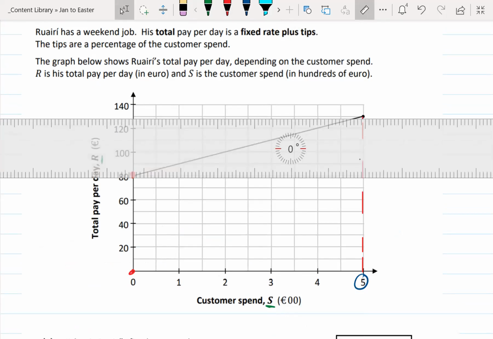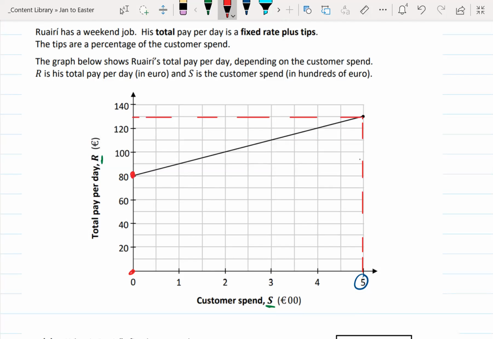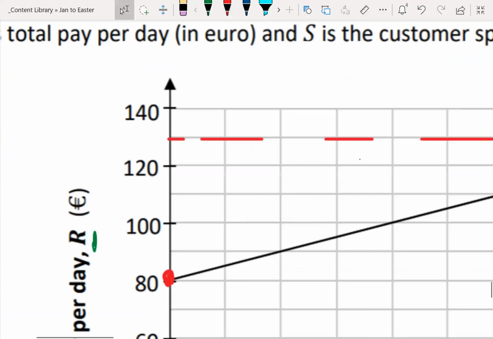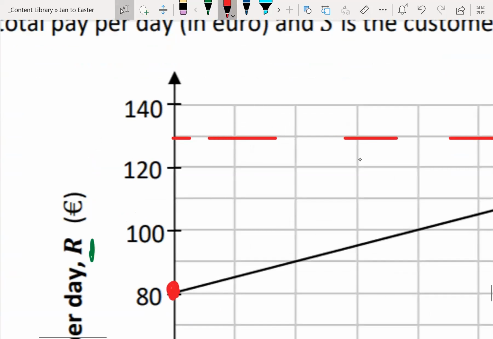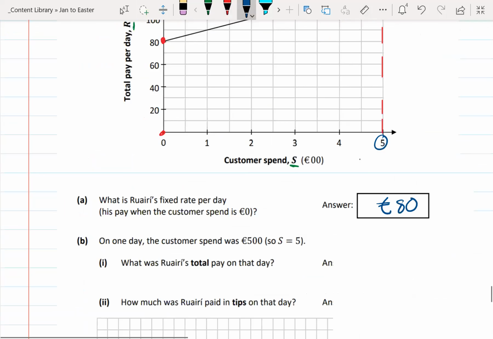So let's see what it looks like. It's right between the 120 and the 140, so let's say 130. And we fill that into the box down below.